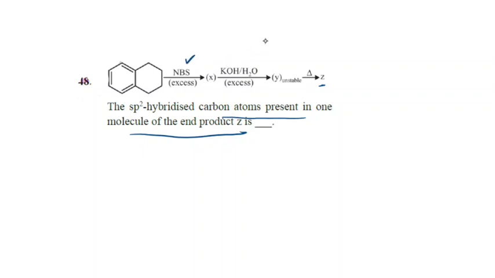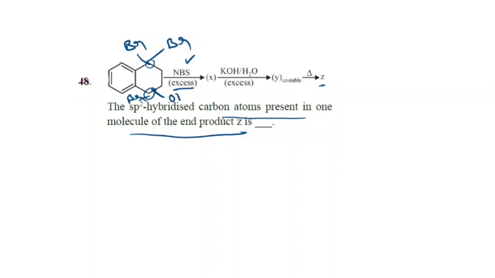NBS, N-bromosuccinimide, is meant for allylic bromination. The allylic carbons are here and they have taken excess, so you can say that both the hydrogens in both the cases are substituted by bromines. Hence you will get a Br here and here also Br, the same case here.